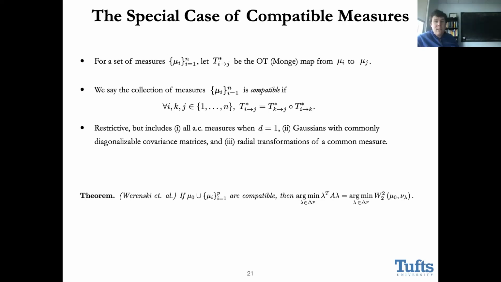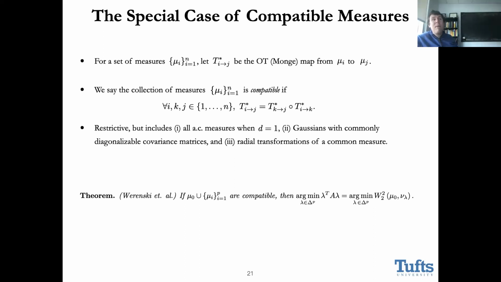The special cases that give you this are what are sometimes called compatible measures, a term used in different ways in this literature. What it means for me is that the optimal transport maps are really good collectively, in the sense that I have these n measures, and so I'm going to have n choose 2 optimal transport maps between them.